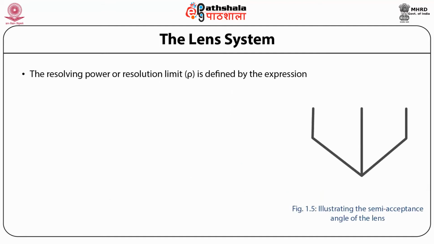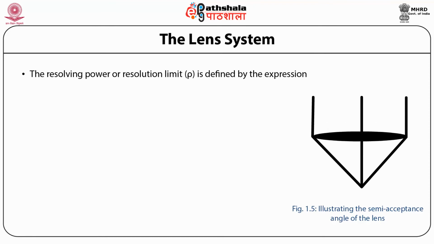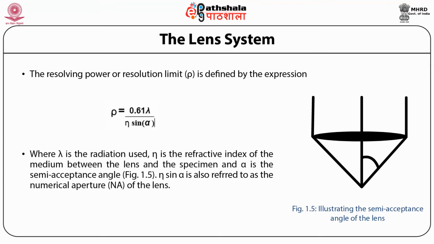The resolving power or resolution limit rho is defined by the expression rho is equal to 0.61 lambda divided by eta sine alpha, where lambda is the wavelength of the radiation used, eta is the refractive index of the medium between the lens and the specimen, and alpha is the semi-acceptance angle, as is shown in figure 1.5.